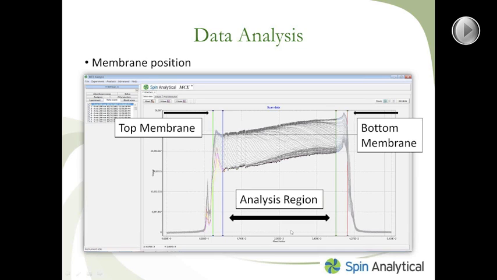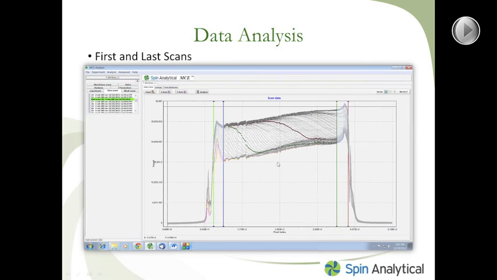And then you select what portion of the image you actually want to use in the analysis, and that's the analysis region. That's defined now by the blue bar and the dark green bar. The top and bottom membrane positions are set over on the hardware side. You can change them when you're doing the analysis, but it isn't always necessary.